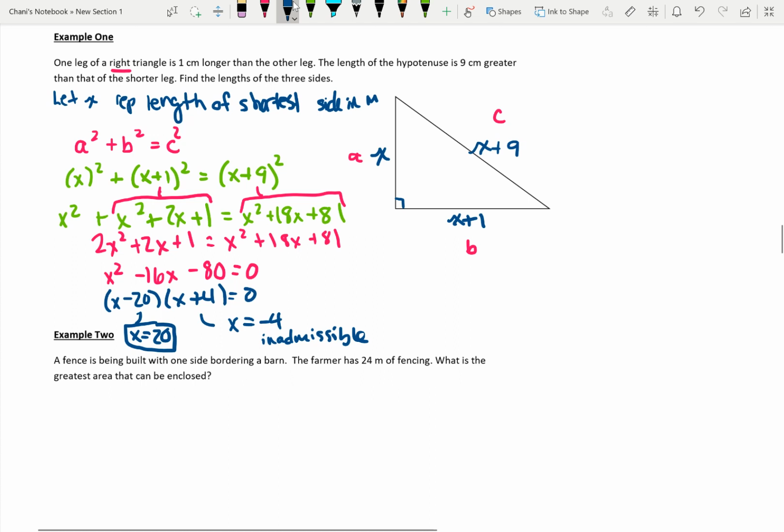Therefore, the lengths are 20 centimeters, 21 centimeters, and 29 centimeters. You can verify that this works in the Pythagorean theorem.